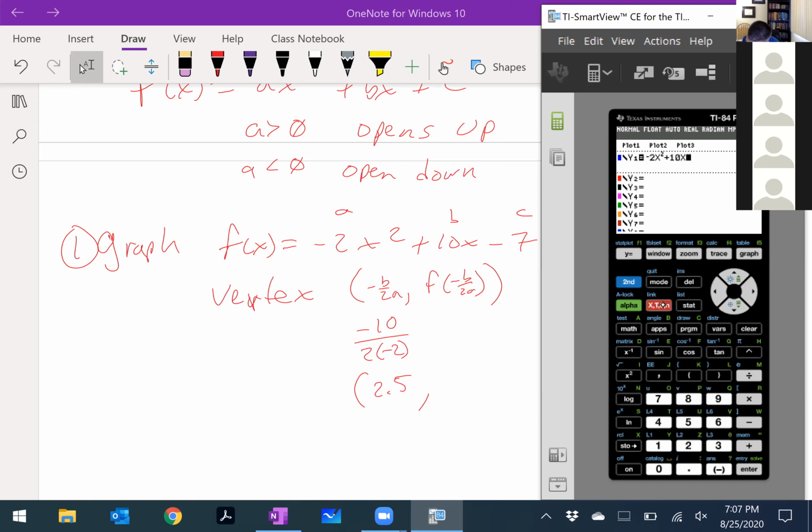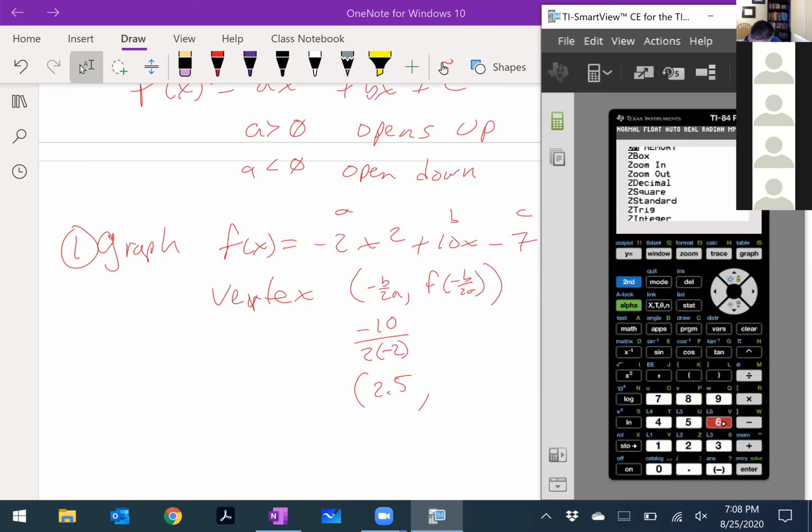Okay, and I'm going to hit enter. And then I'm going to graph this guy. Okay, oops. Let's zoom out. Let's do zoom standard. Standard is just a 10 by 10 box. So I'm going to go zoom standard, and there's my parabola, right?